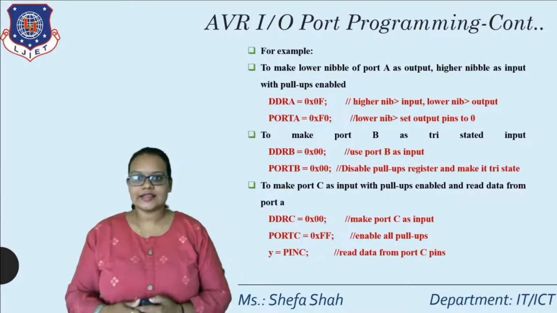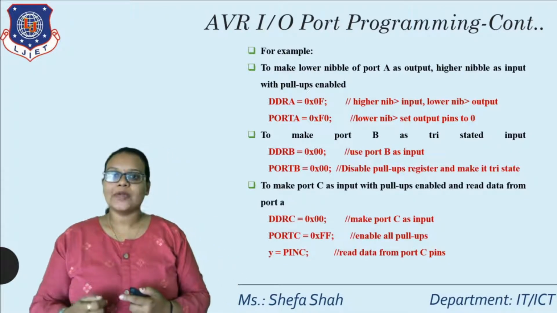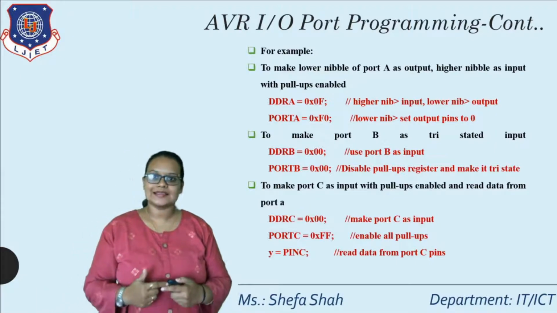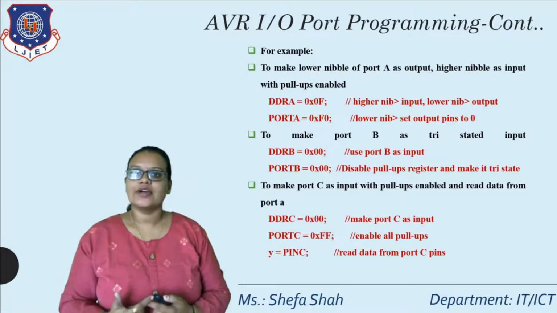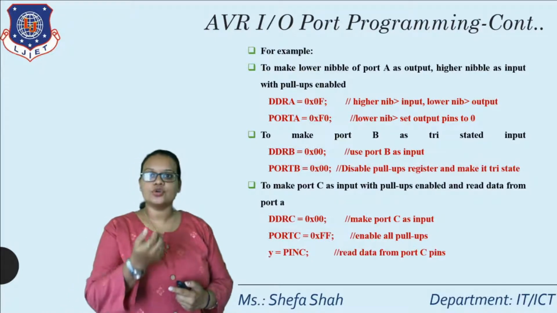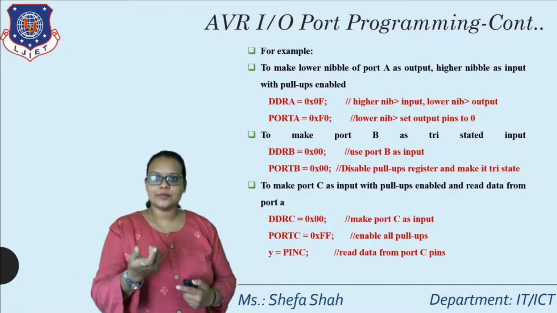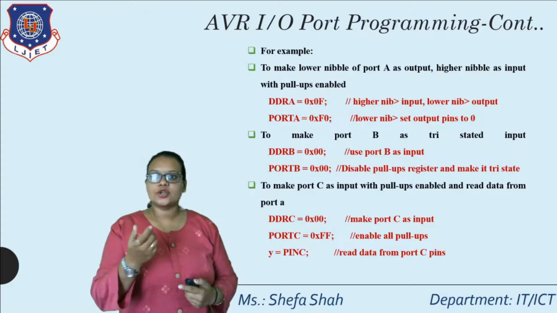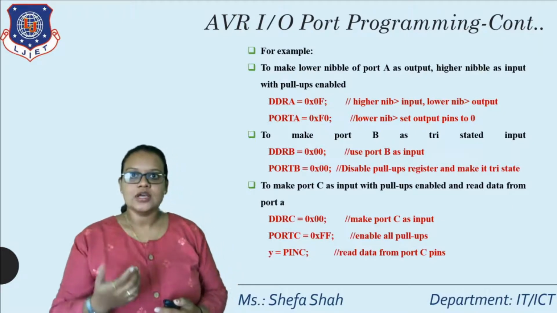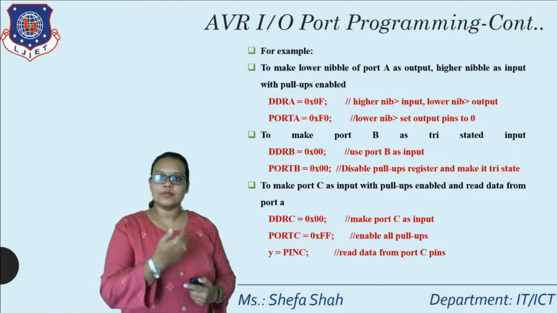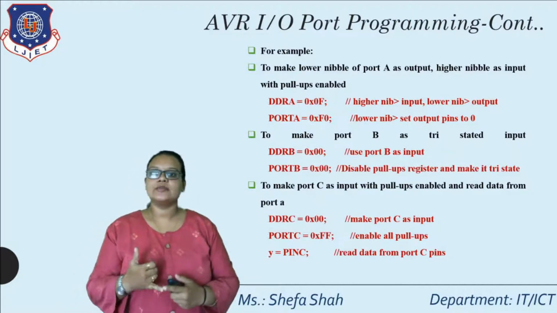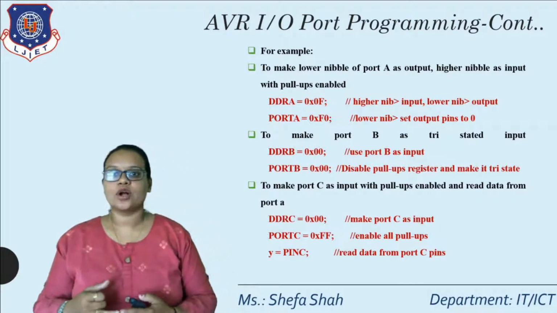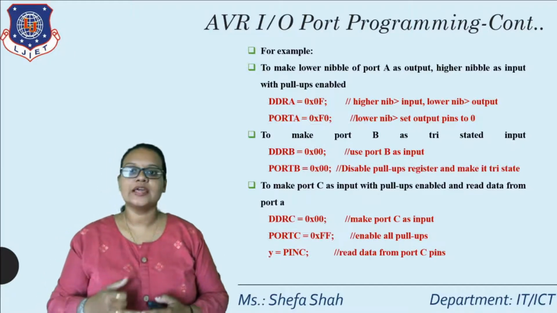So here are the 3 examples. First, to make the lower nibble of port A an output, and the higher nibble an input. For the lower nibble as output port, we need to assign the lower nibble as 1. So in DDRA, the lower nibble will be all ones, 4 ones, which is equal to F, right, and the higher nibble is connected as input, so all 4 bits will be 0.